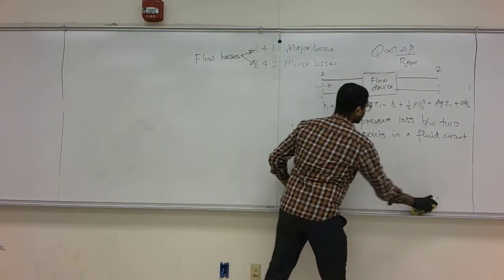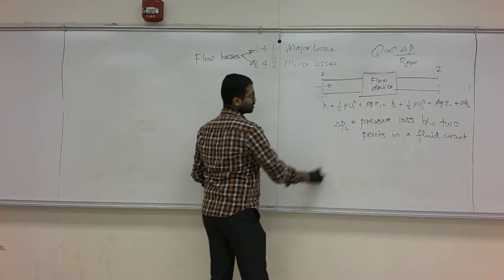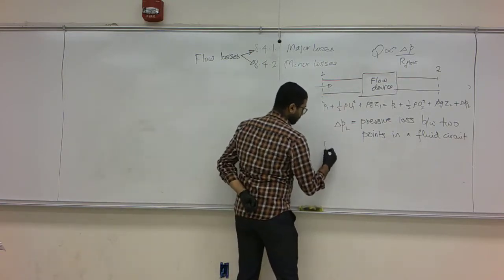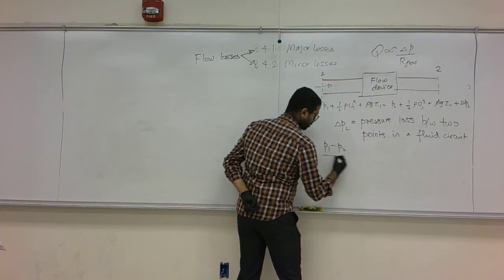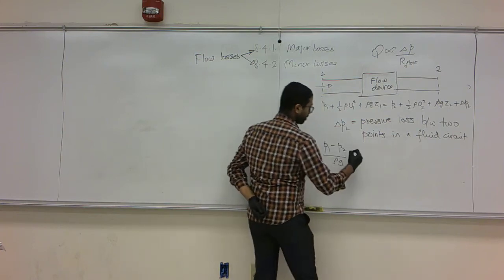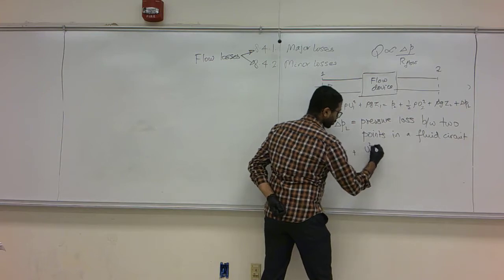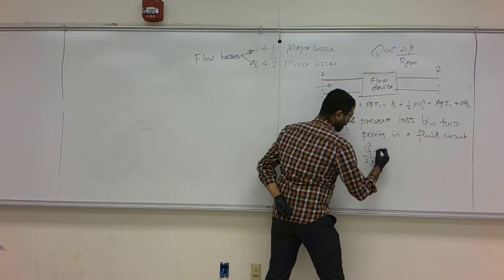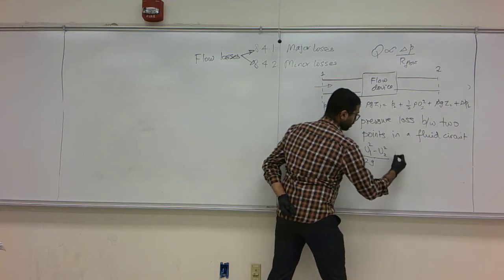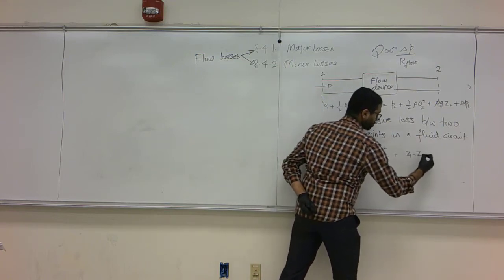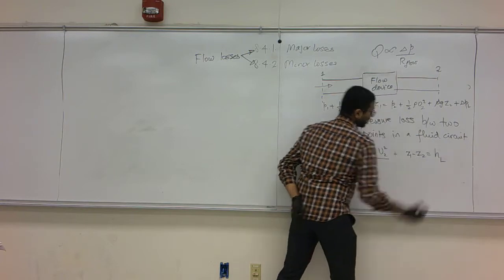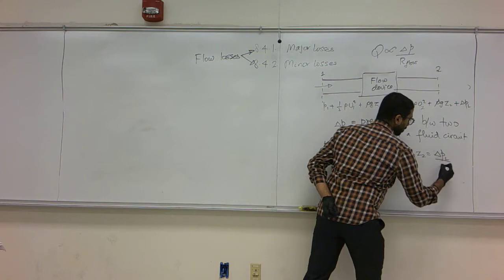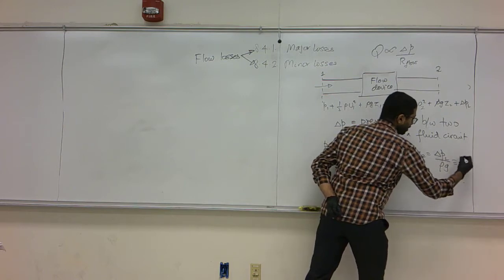Okay, with that said, I can take the above equation and divide it by rho g throughout. I'm going to write (P1 minus P2) divided by rho g plus (U1 squared minus U2 squared) divided by 2g plus Z1 minus Z2 equals HL, which equals delta PL over rho g, which I'll call HL.